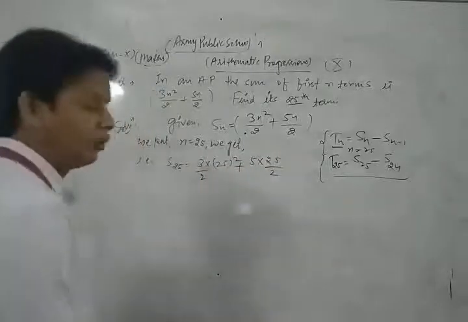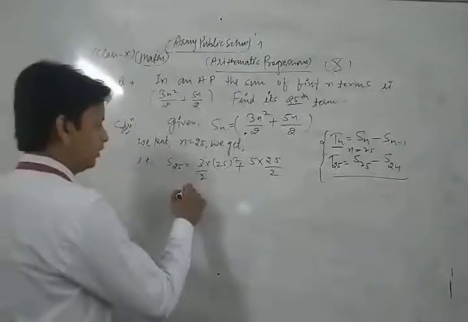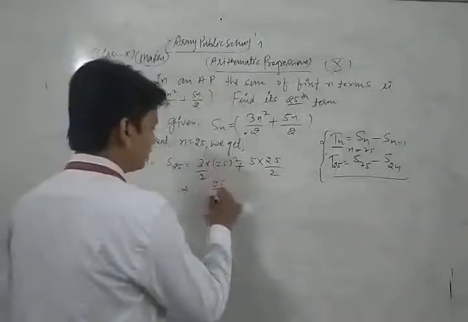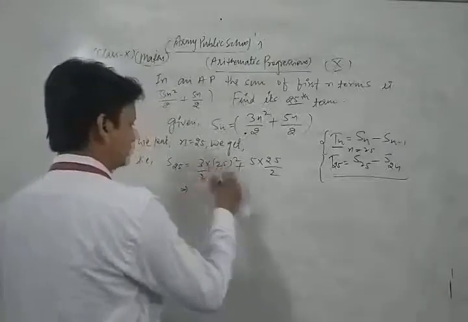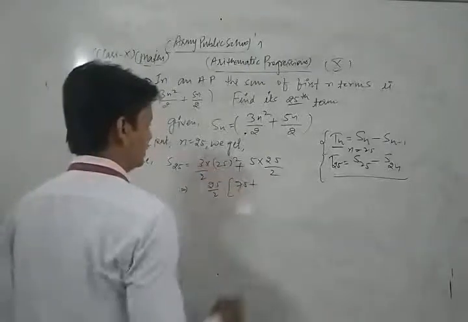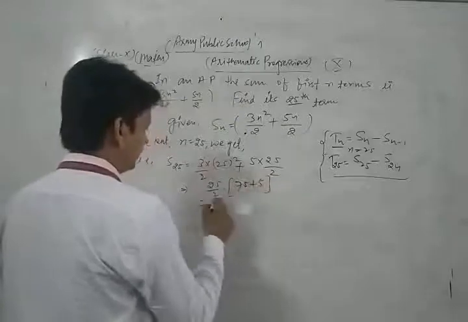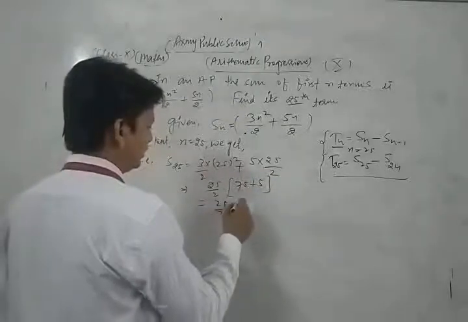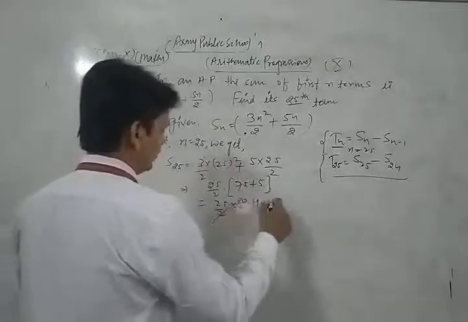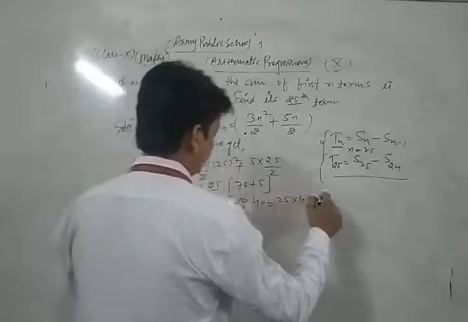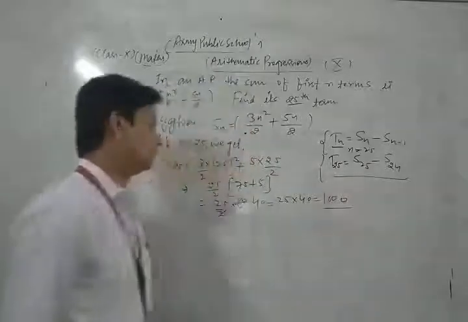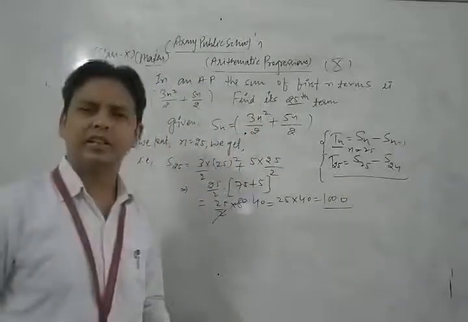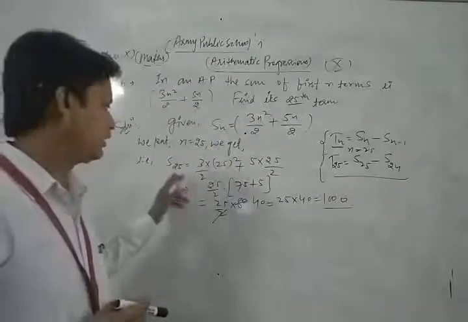Now we simplify them. We take 25 upon 2 as common. So we get 3 into 25, which is 75, plus 5. So we get 25 upon 2 into 80, that is 25 into 40, which is 1000. Thus, after simplifying, we find the sum of 25 terms.